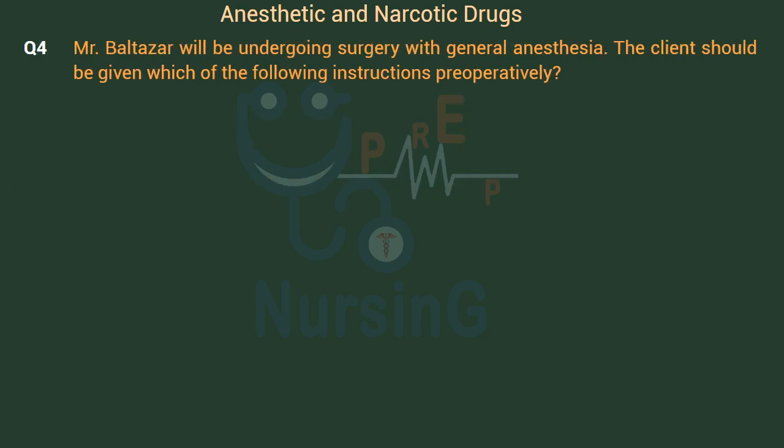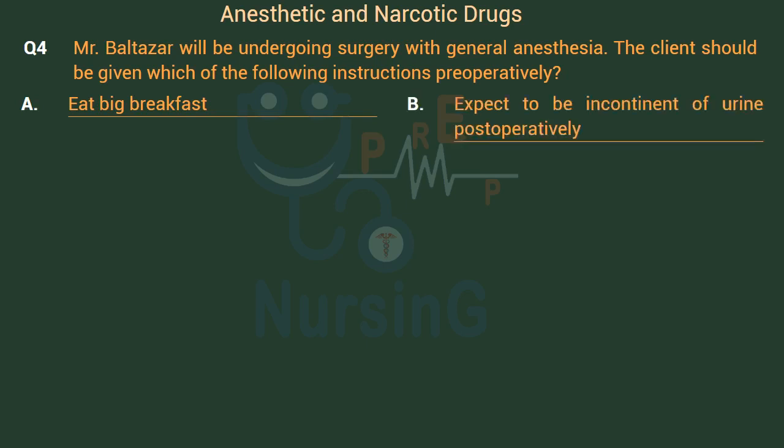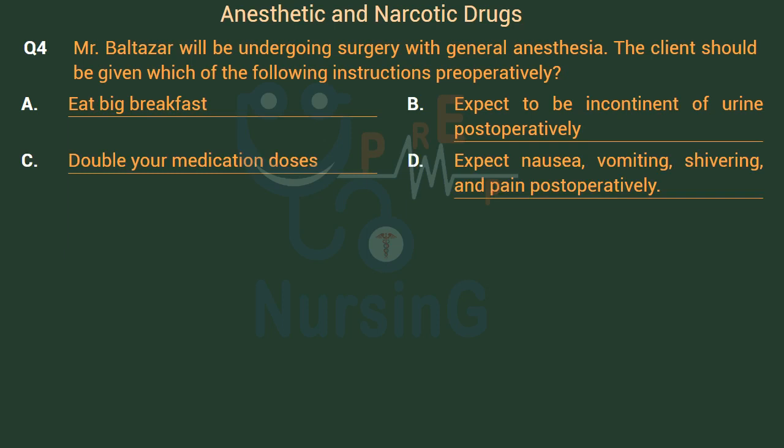Mr. Baltazar will be undergoing surgery with general anesthesia. The client should be given which of the following instructions preoperatively? Option A, Eat a big breakfast. Option B, Expect to be incontinent of urine postoperatively. Option C, Double your medication doses. Option D, Expect nausea, vomiting, shivering, and pain postoperatively.